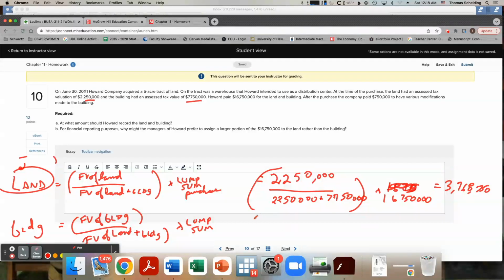In this case, we now have the 7,750,000. Divide that by, same thing, 2,250,000 plus 7,750,000. Multiply that by the same 16,750,000, and I get 13,731,250.